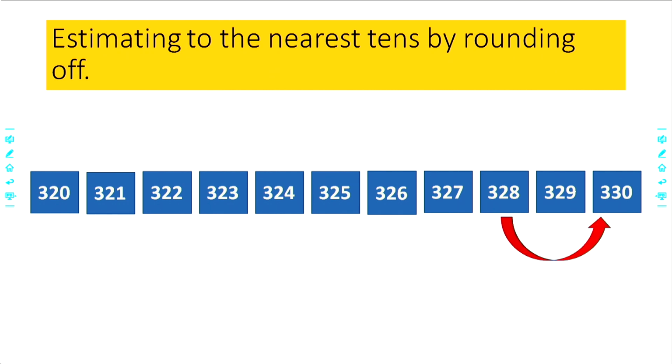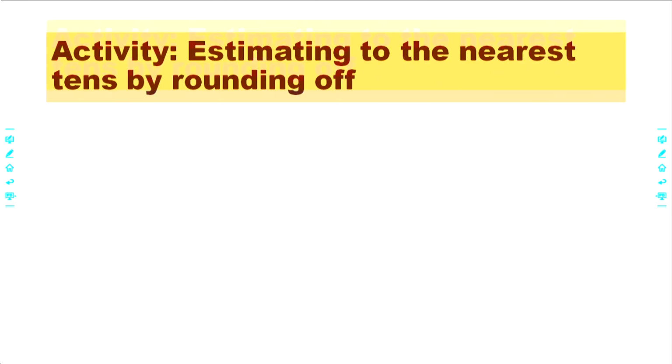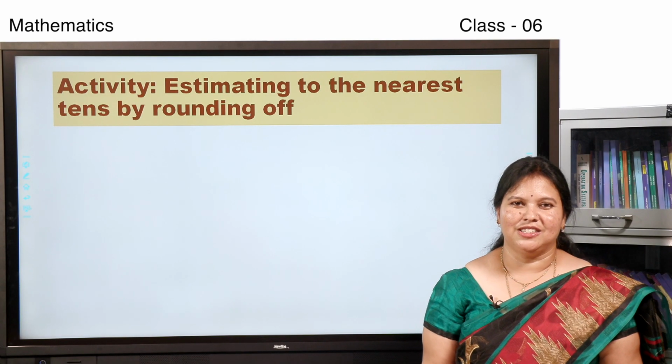Similarly, 328 is nearer to 330, so we round off 328 to 330. Like the same way, 327 is round off to 330 and 326 to 330. 325, in common practice, we round off 325 to 330. I think you have understood how to estimate to the nearest tens.